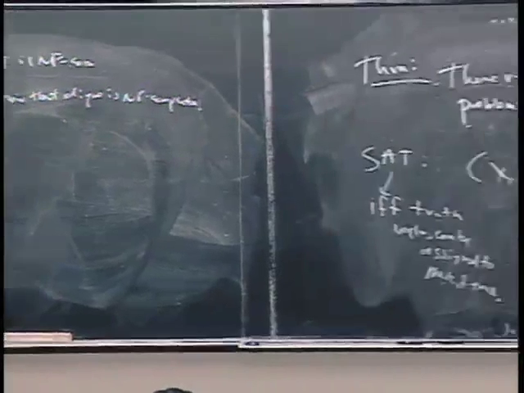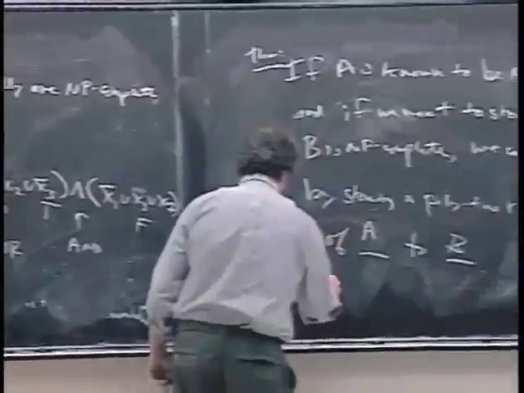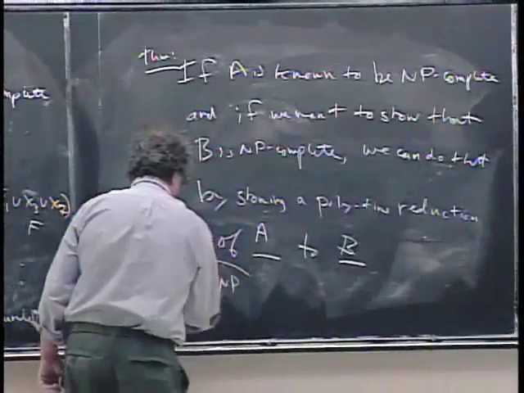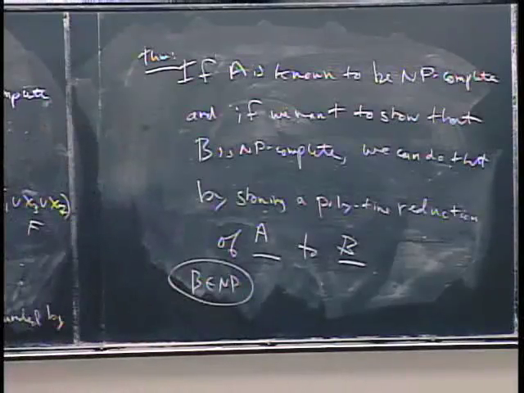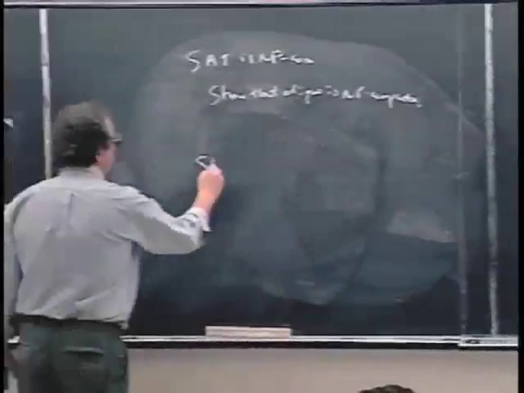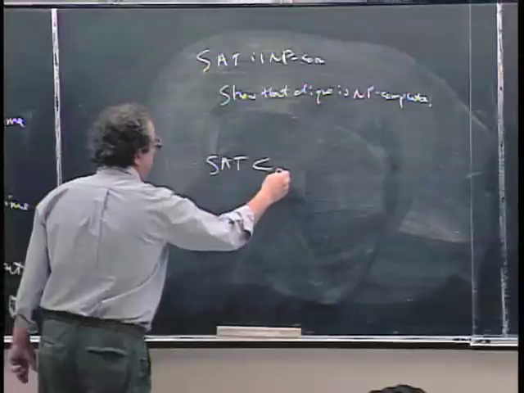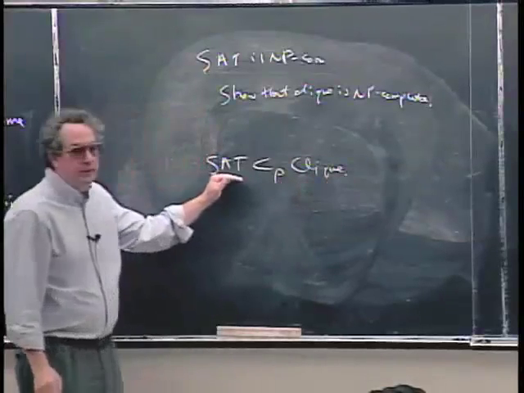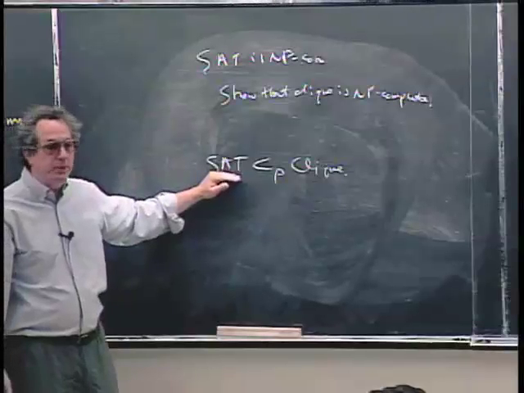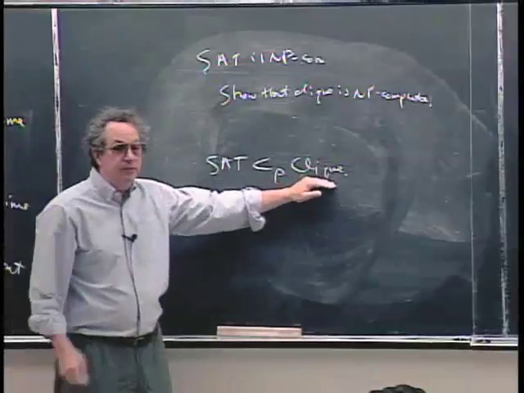We also have to show here, by the way, that B is contained in NP. That's the trivial part of the proof when you want to show a new problem is NP-complete. SAT is NP-complete. We want to show that clique is NP-complete, so we want to reduce SAT in polynomial time to clique. So the input here is a Boolean expression. The input here is a graph and some target.